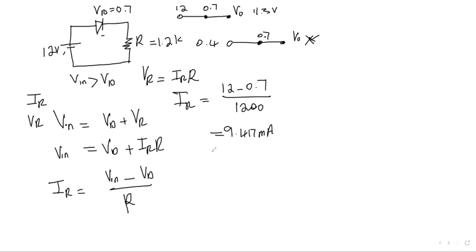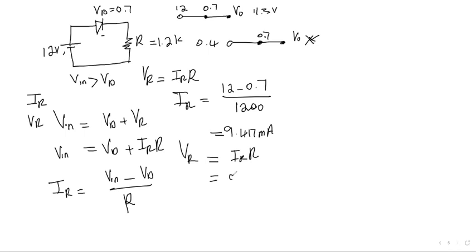The current is 9.417 milliamperes. So always round off to 3 decimal places and write your answer in engineering notation. Always. So VR is equal to IR times R. That's the answer here.